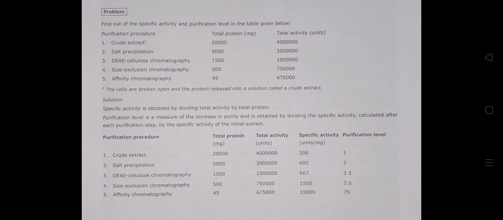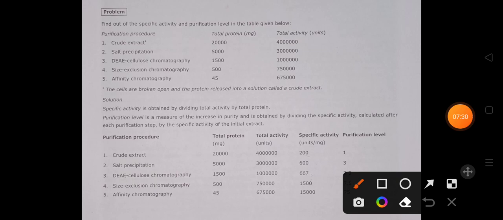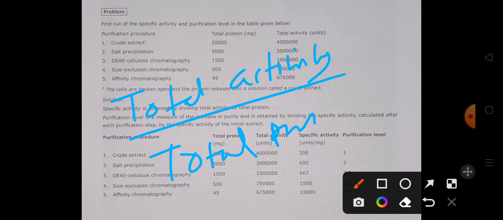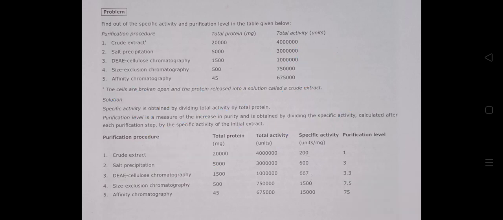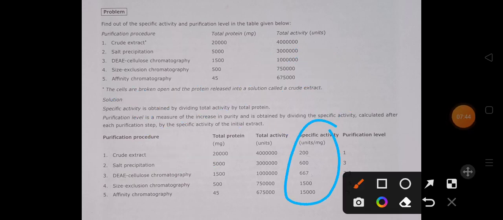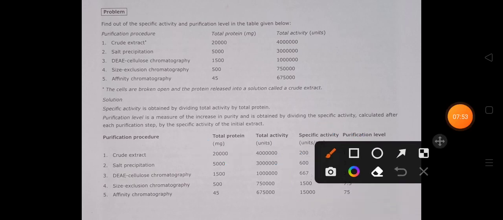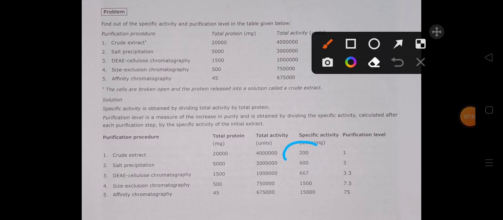So the formula to find the specific activity is the total activity divided by the total protein. Okay, so as you can see, they have done this. By dividing this and this, they got the specific activity. And you can get the purification level by dividing the specific activity by 200, because here the initial specific activity is 200.